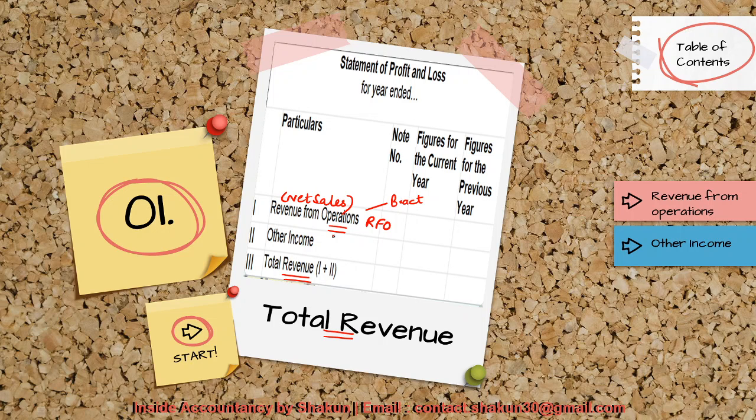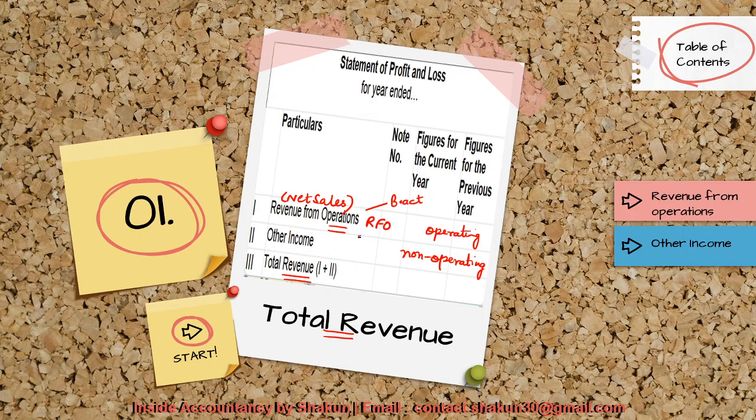So other income basically means the income which is earned by the company from its non-operating activity. So revenue from operations is from the operating activity, and other income is from the non-operating activities that are undertaken by a company.